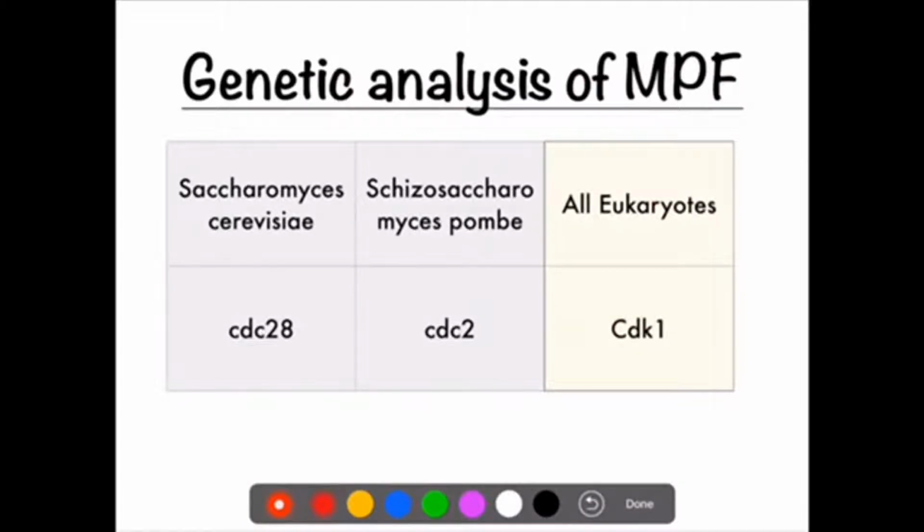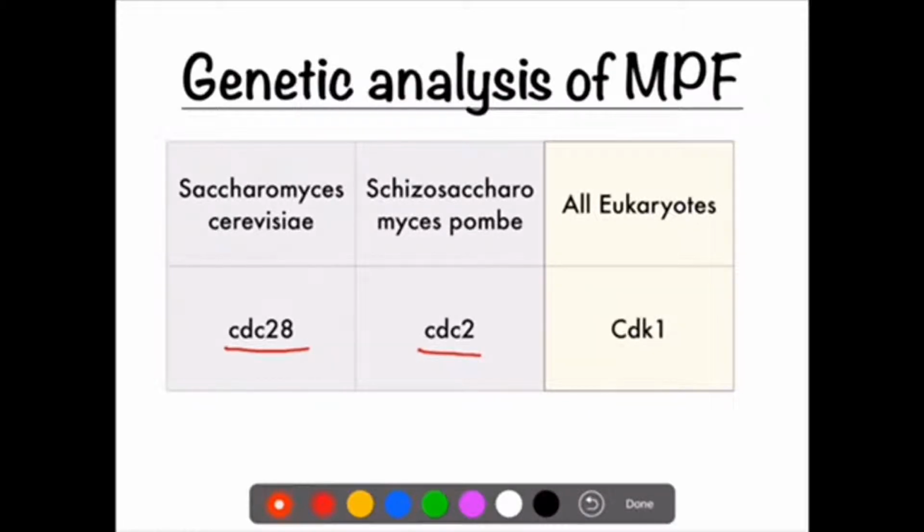Genetic analysis of MPF. After identifying maturation promoting factor in oocytes and CDC protein in yeast cells, researchers analyzed its genetic nature. In Saccharomyces cerevisiae, which is a budding yeast, the regulatory protein is CDC28. In Schizosaccharomyces pombe, which is a fission yeast, the regulatory protein is CDC2.